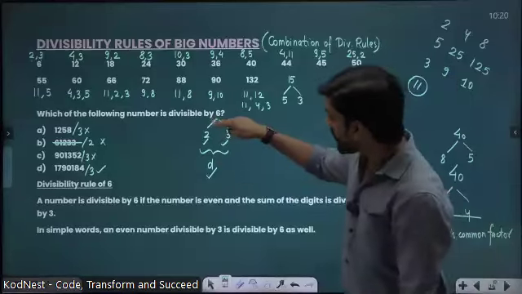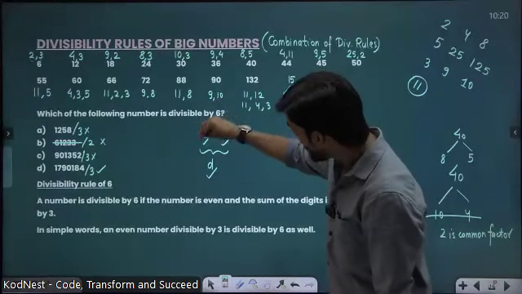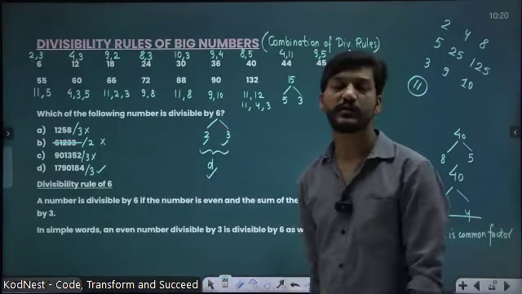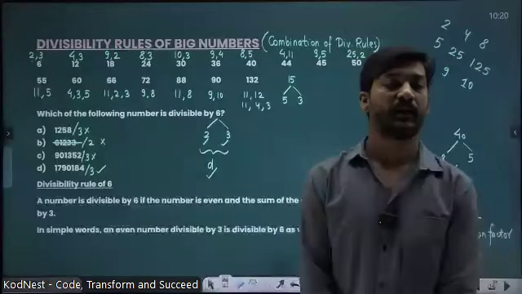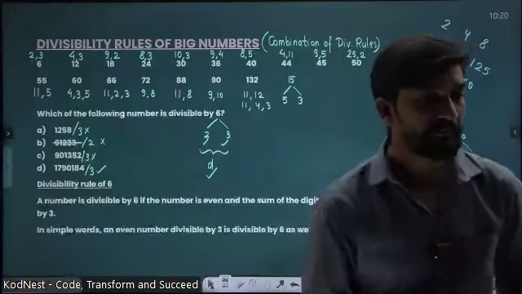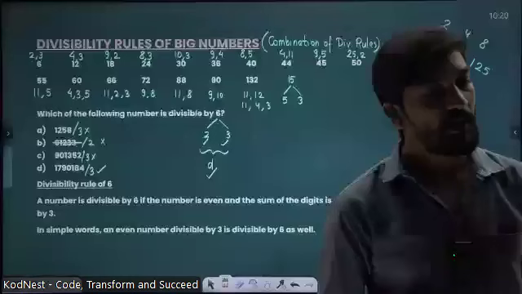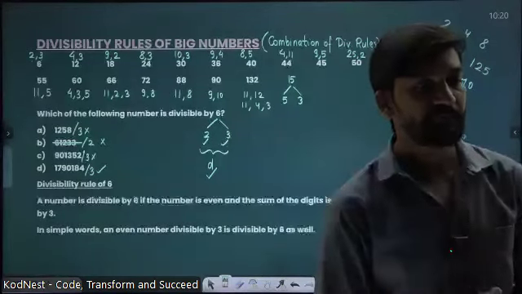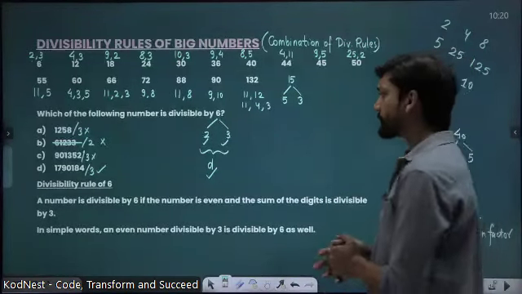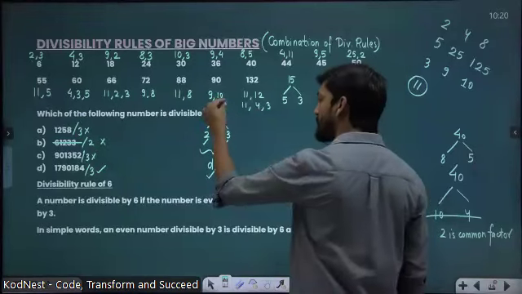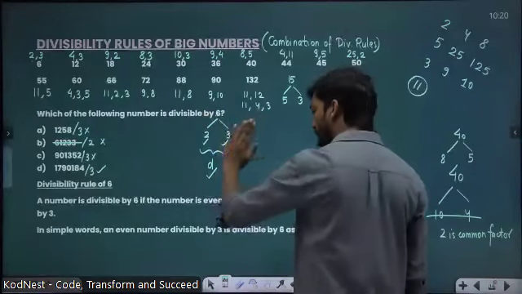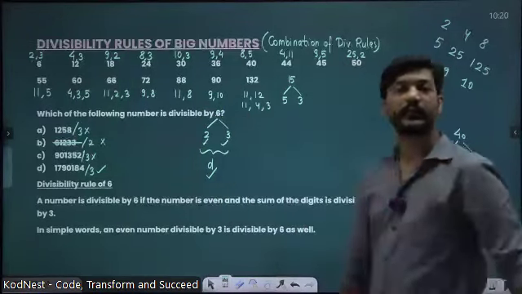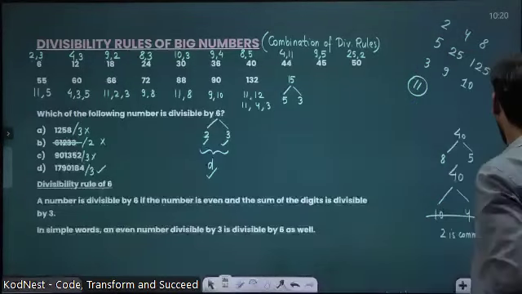D option is divisible by 2 also. So divisible by 2 also, 3 also. That means divisible by 6 also. So this is how we have to apply. So we will not divide by 6, we will divide by 2 and 3 always, always. Now see the next one.